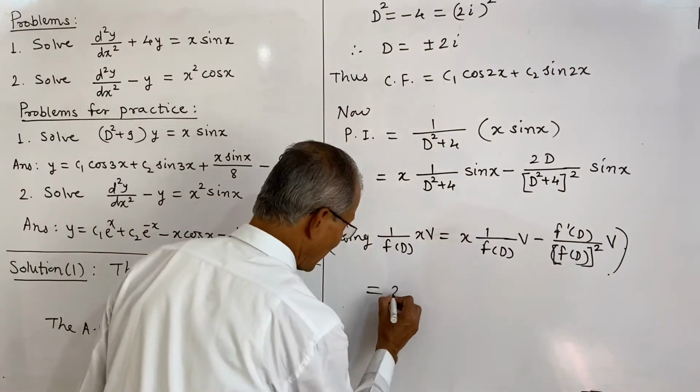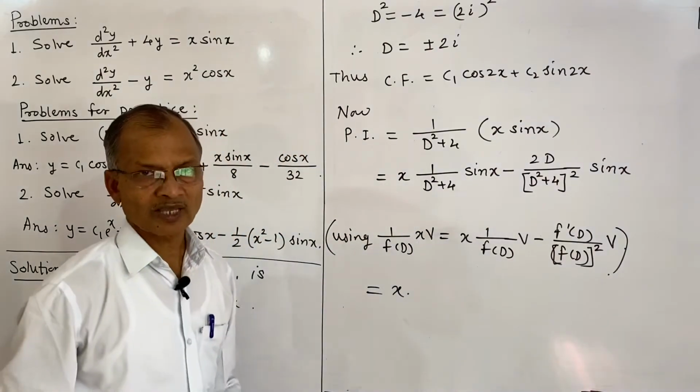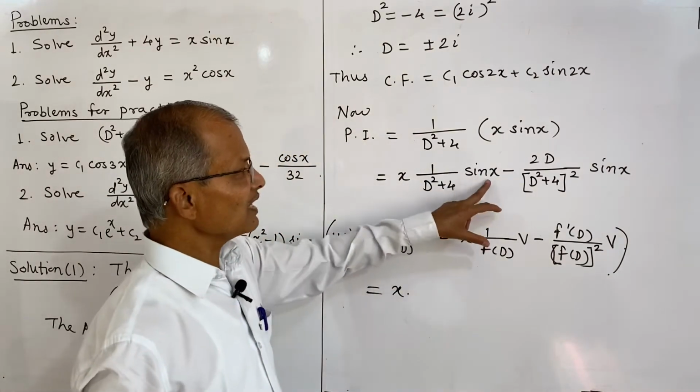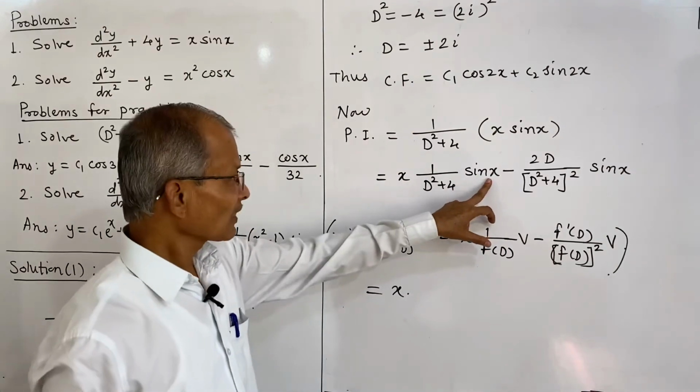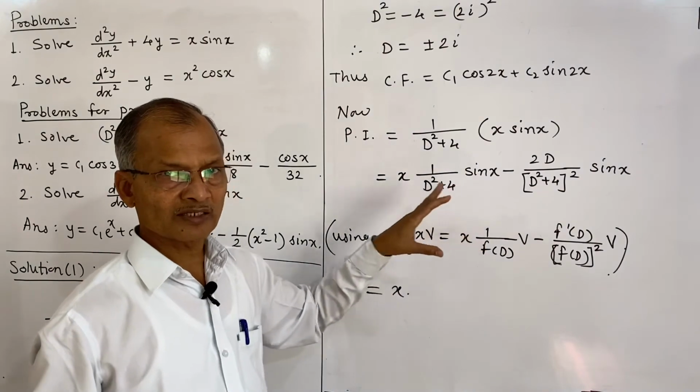So this is x. Now what is 1 upon d square plus 4 operated on sin x? Here in sin ax, a is 1, and d square is to be replaced by minus a square, meaning minus 1 square.